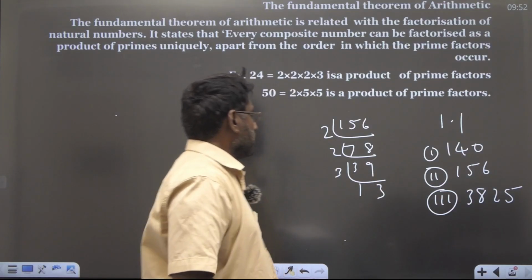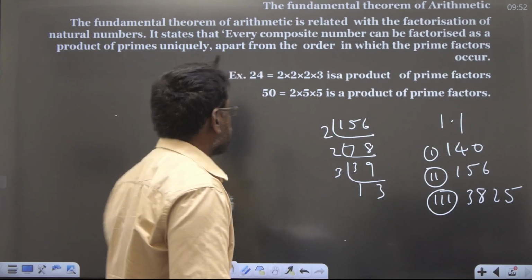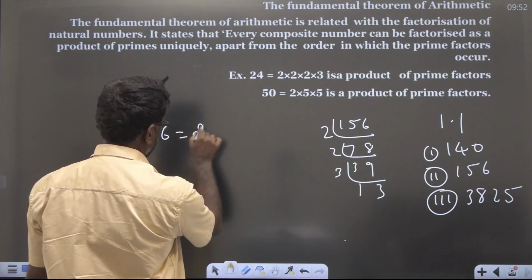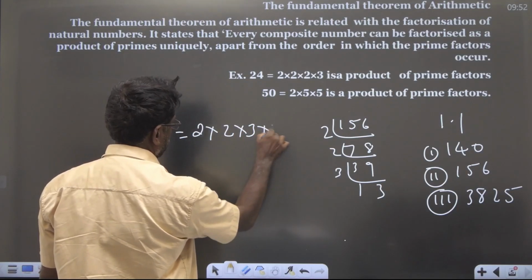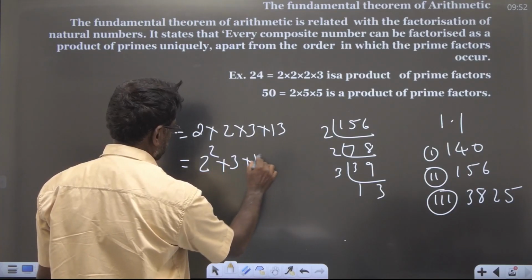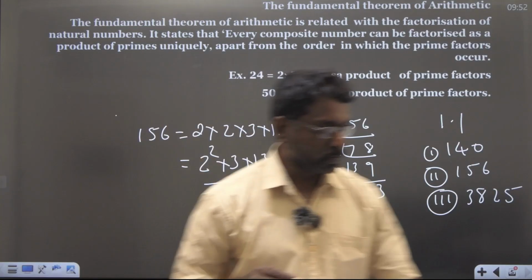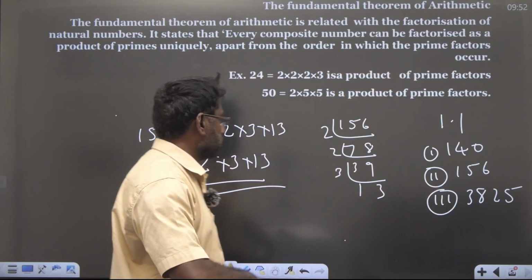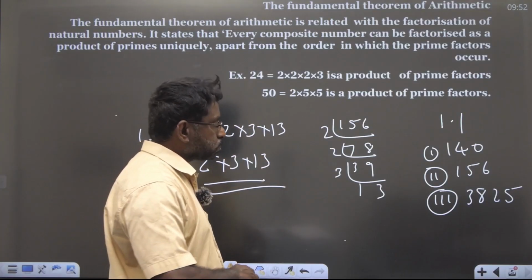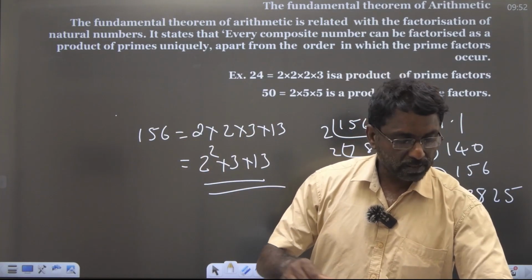Yes. But 13 is a prime number. So we can write 156 as 2 into 2 into 3 into 13. That is 2 square into 3 into 13. This is the final answer. 156 is 2 square into 3 into 13. Try for the next number.